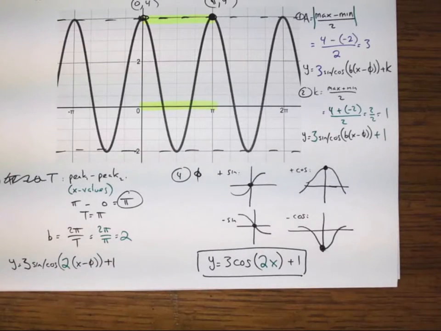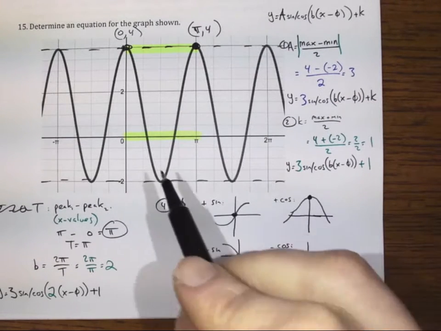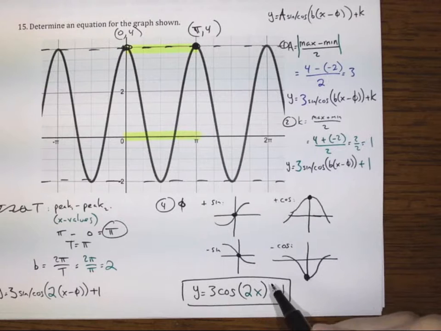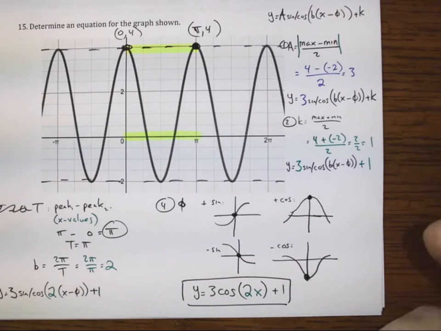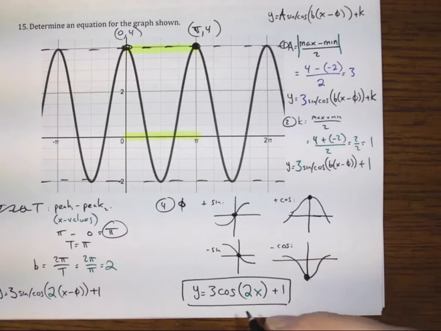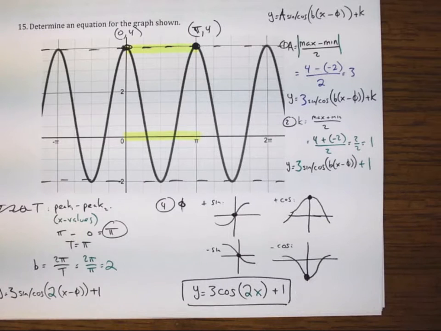Now, if you wrote this as a sine curve, there are actually many different answers that would be equivalent to this equation. If you solved and you got a different answer than this, say you did sine of 2x minus pi and a half or something like that, plus 1, what I suggest you do is punch this equation into Desmos, then punch your equation into Desmos, and if they overlap perfectly, it means that your answer was an equivalent answer that was just as fine as mine.